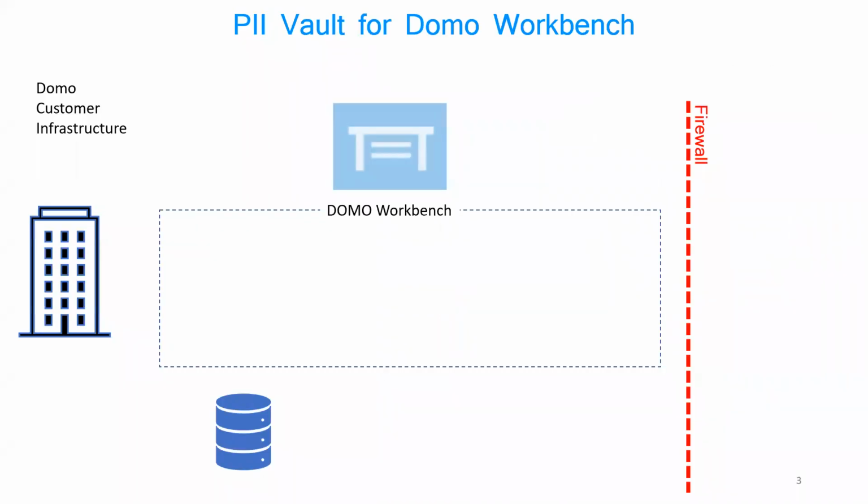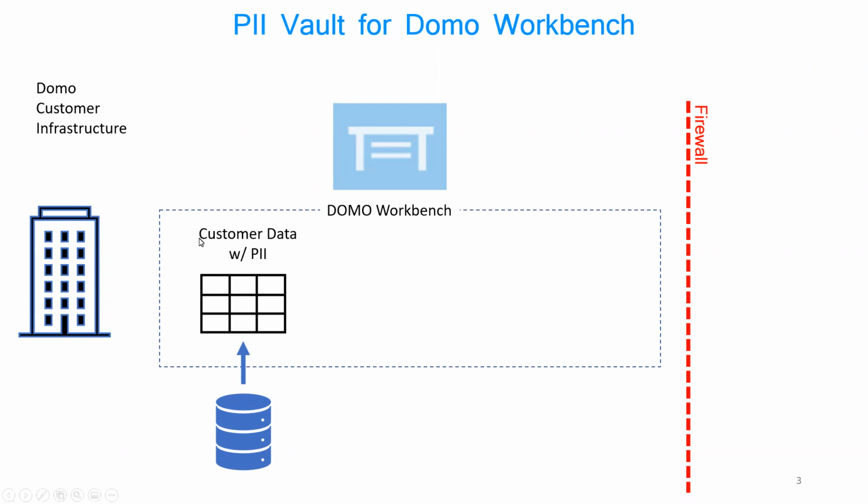To start with, I'm going to walk you through just a quick flow to understand how the PII Vault plugin does what it does. Now, the Domo Workbench is designed and built so that you can take your on-premises data and load it directly into Domo. So you've got your database, and that database will supply fully identified data into Domo Workbench.